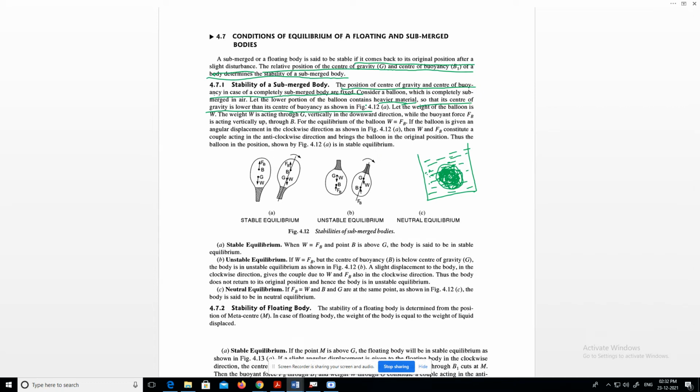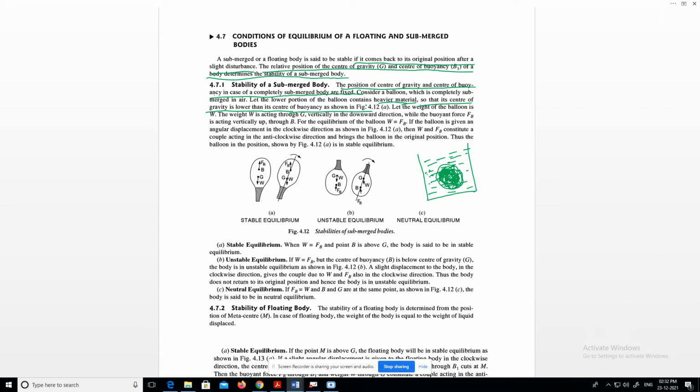The lower portion of the balloon contains heavier material, so the center of gravity is lower than the center of buoyancy. Let the weight of the balloon be W, and weight W is acting through G vertically downward, while the buoyant force F is acting vertically upward through B.